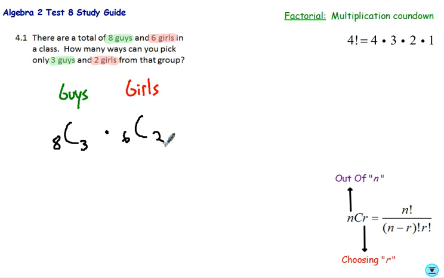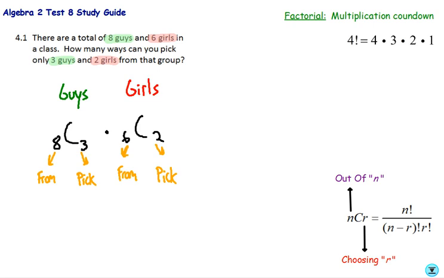Again, this is saying from 8, because there's a total of 8 guys, we're going to choose or pick 3. For the girls, there are 6 girls total, so from 6, we're going to choose or pick 2. What that means is that we're going to have 2 different factorials that we have to set up.